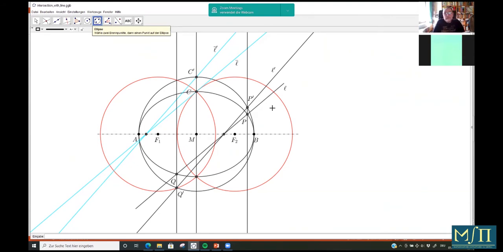But if we want to determine the tangents of the ellipse that are parallel to the given line L, we can make the following argument. We can say tangents of the ellipse parallel to L will transform under this affine transformation to tangents of the circle, the big circle that we're using, that are parallel to the line L prime.